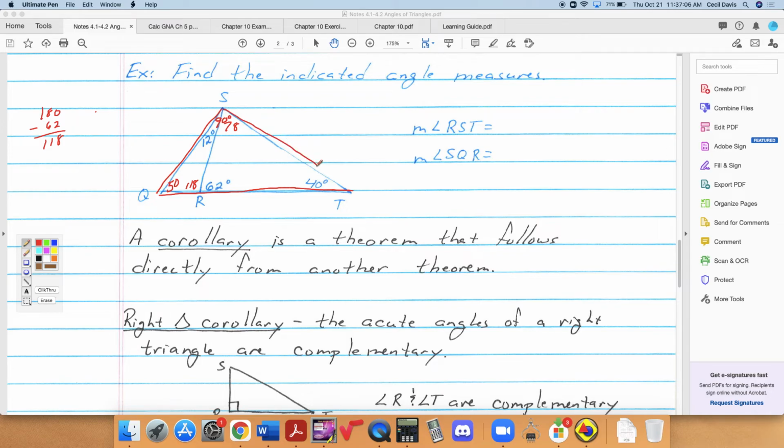Very nice. Good job, Nick. So you can look at the big triangle also. Its angles have to add up to 180. This is the second way. So if that's 90 and this is 40, 90 plus 40 is 130. Subtracted from 180 leaves 50.